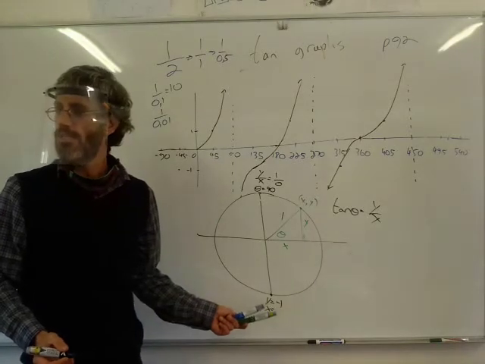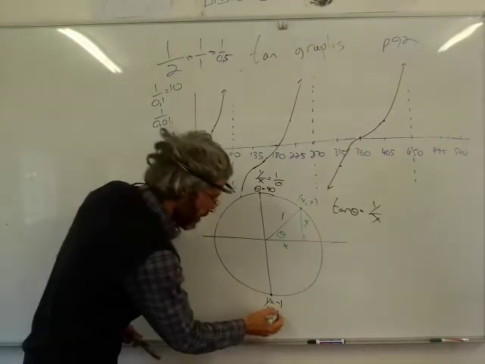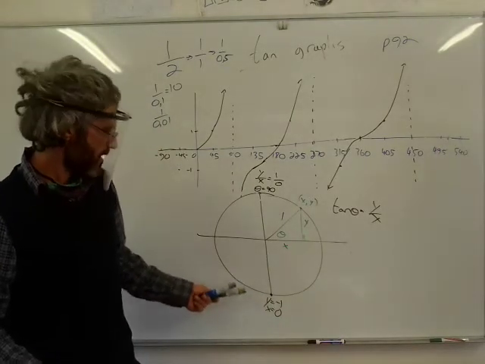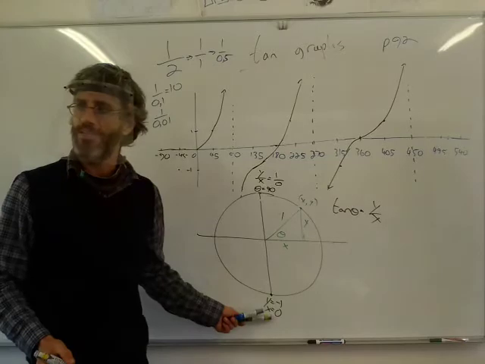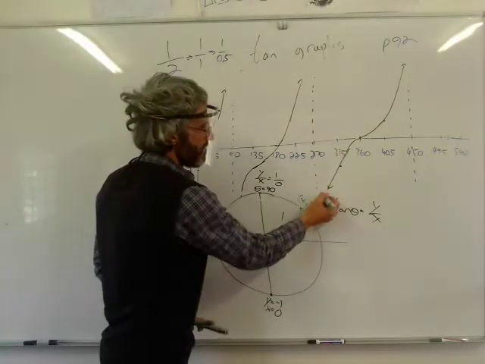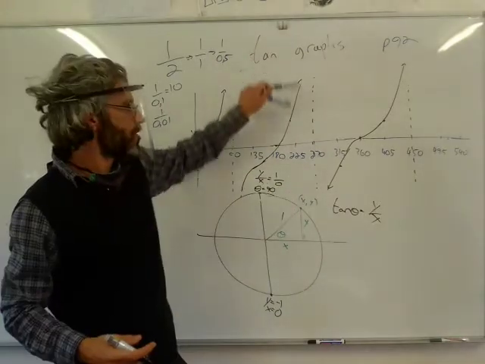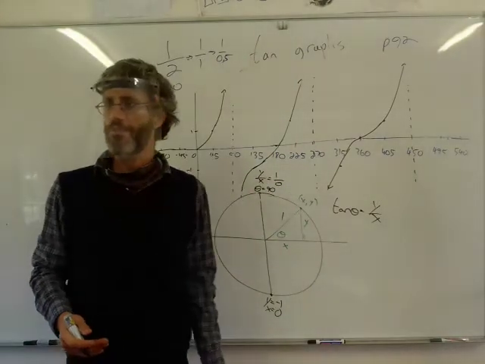It's 0, isn't it? So again, the tan is going to be minus 1 divided by 0, which is minus infinity. So again, we've got another vertical asymptote at 270.